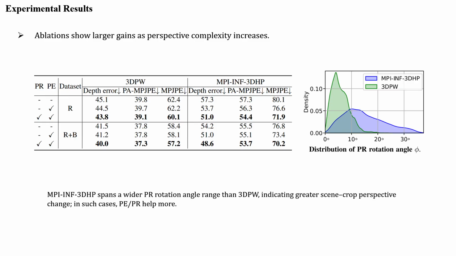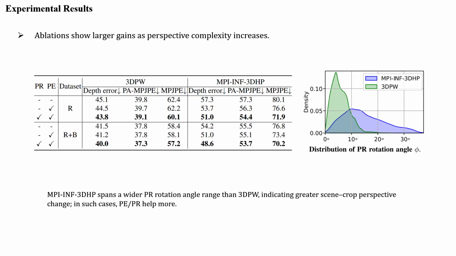To investigate this effect, we display the distribution of the rotation angle phi in PR across different datasets in this figure. The rotation angle phi for MPI-INF-3DHP spans a broader range than 3DPW. This distribution quantifies the variability in the person's position within the dataset's images.